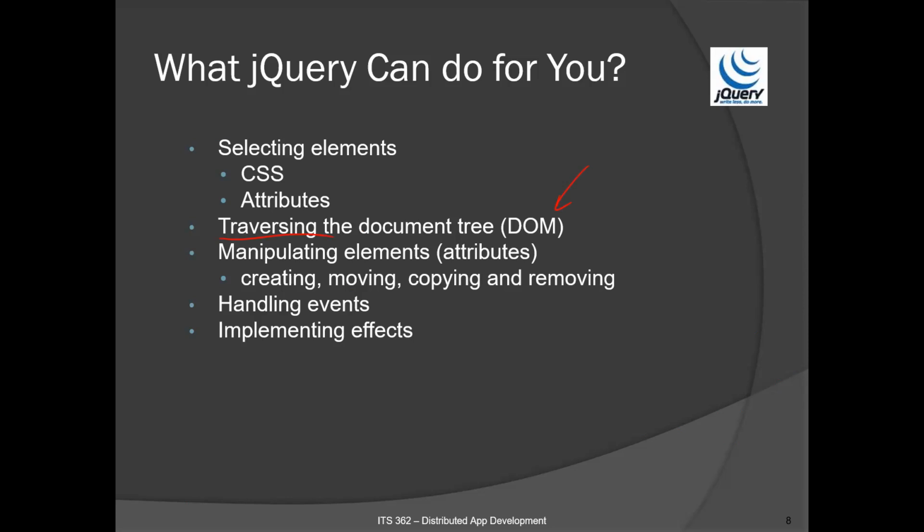by creating some kind of a website, with a for loop, we can create the objects, link them together to the DOM model, etc. We can also handle events. If we trigger events, we can handle them from jQuery, and then we can also implement effects, and we'll play around with that as well.